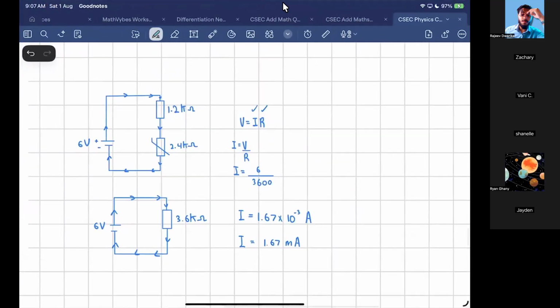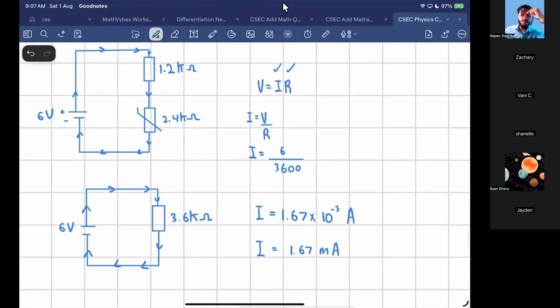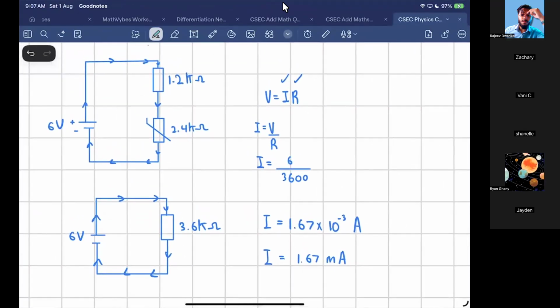Right. So we know the total current flowing through the circuit, right? So at any point in time, how much current is flowing through every single component? If you measure the current anywhere in this circuit, what's the current you can measure? 1.67 milliamps. Exactly.